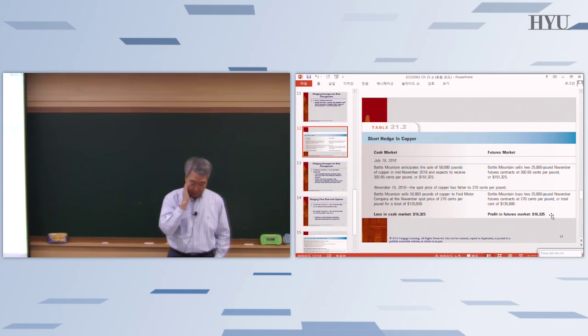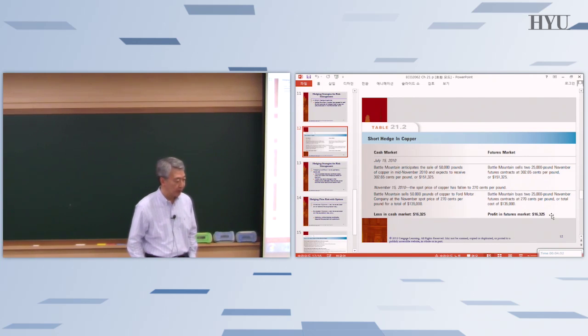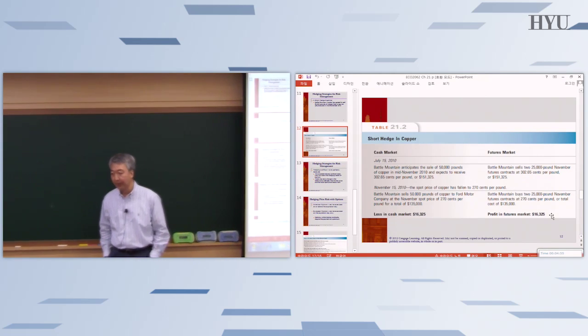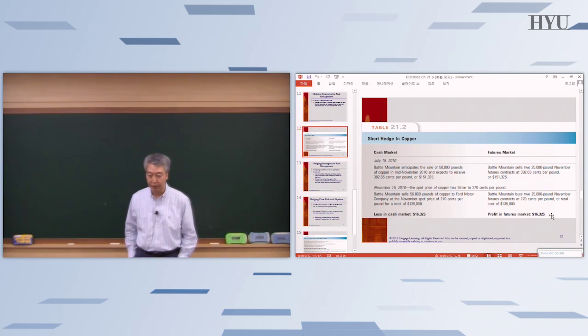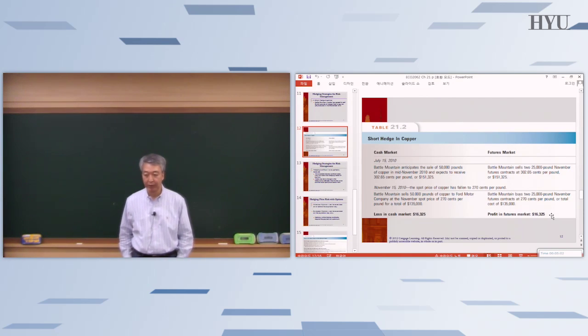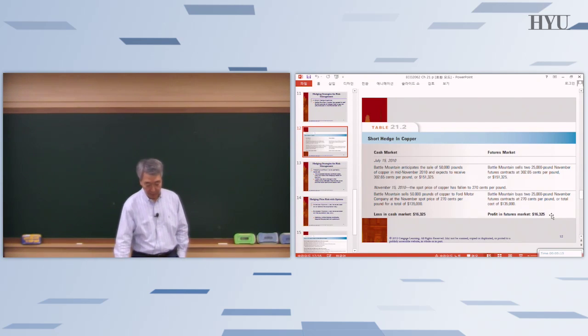But one thing you have to understand here is you can guard against or protect yourself against the price decline in this example. But what if price increases? Suppose instead of price going down, price went up between July and November, right? Then what? They are in trouble because they have agreed to sell 50,000 pounds of copper at $302.65 cents, right?